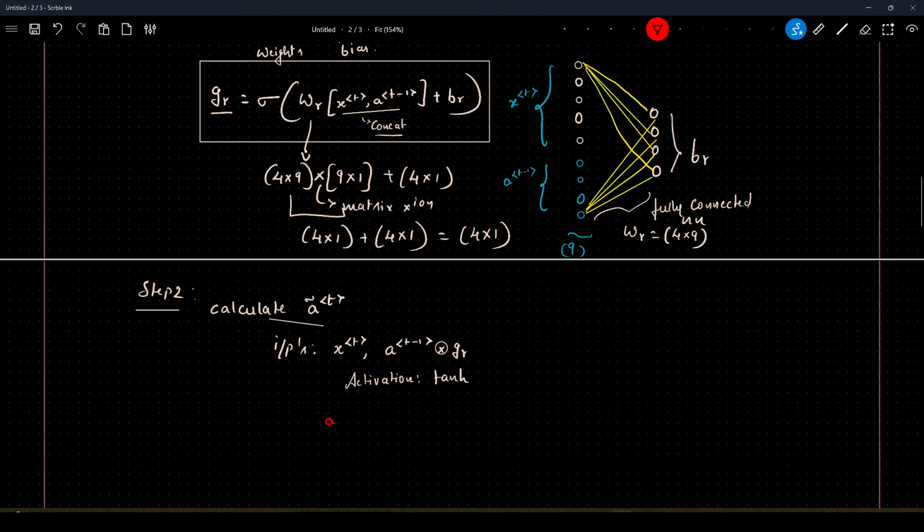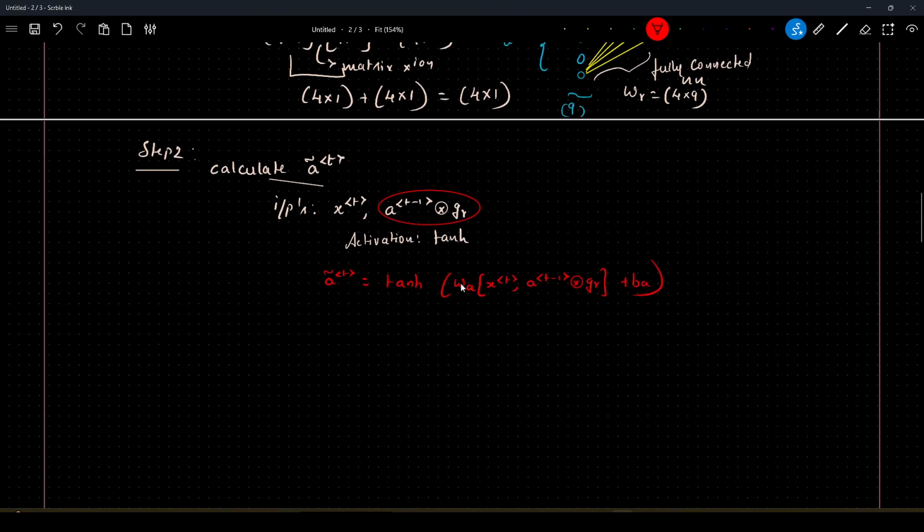If you look at the figure, A bar t will be equal to tanh, the activation, of the weights associated with it, that is WA. Inputs are xt and A t minus 1 pointwise multiplied with the reset gate, plus the biases, let's call it BA.